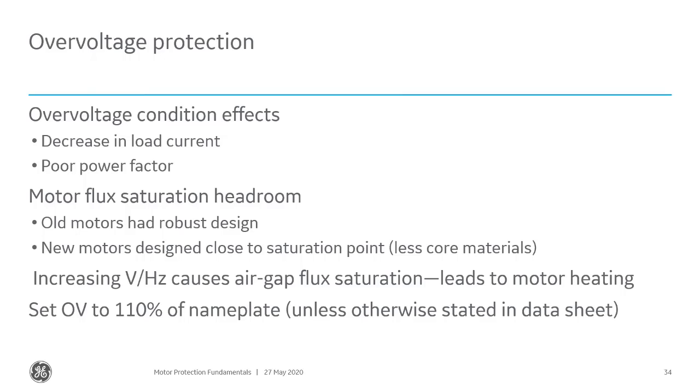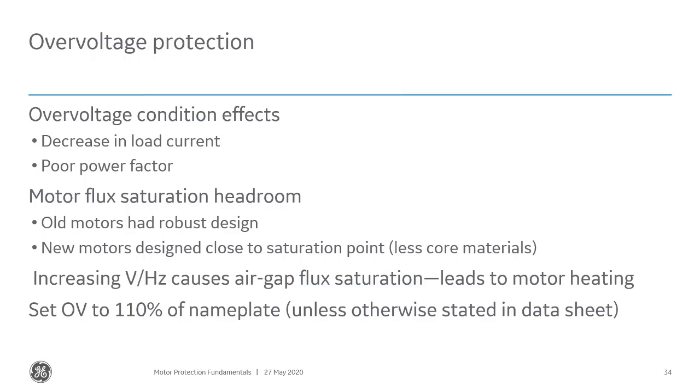So, that are very transient in nature. But typically, you're going to set the overvoltage to around 110% of nameplate voltage. And the reason for that is the motor probably is rated for a 10% overexcitation. So as long as you've got nominal frequency there, you can protect for that 10% overexcitation by setting at 110% voltage.